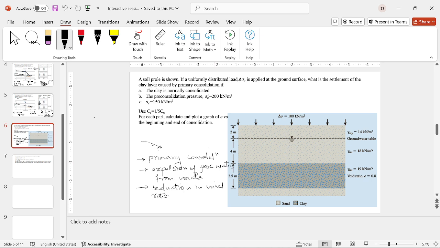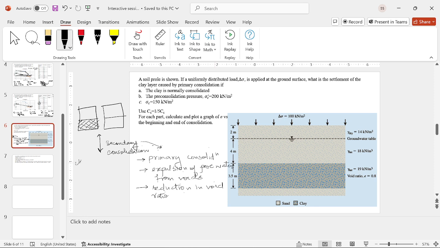See, up till now, what we were saying is that only and only voids are changing, solids and heights of solids will remain the same. Now, this scenario will change in secondary consolidation. Secondary consolidation takes place when your soil structure starts to change.